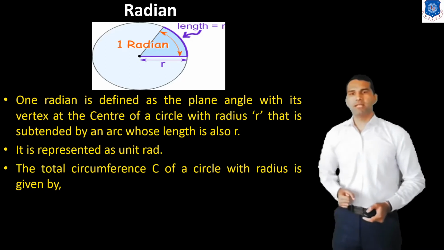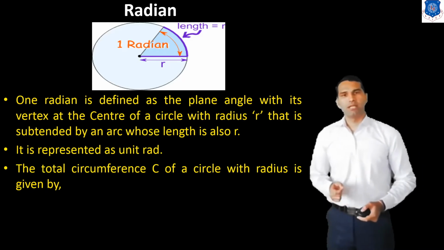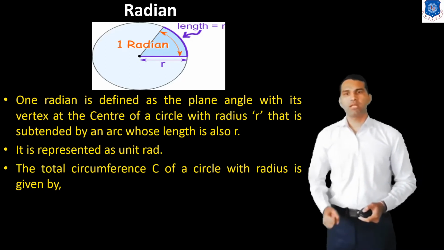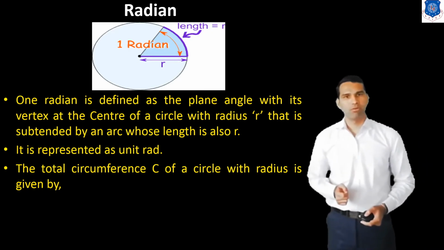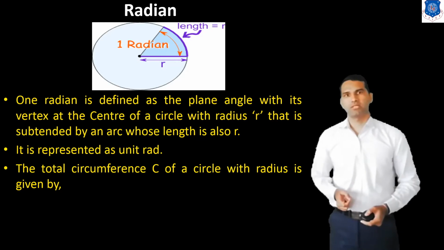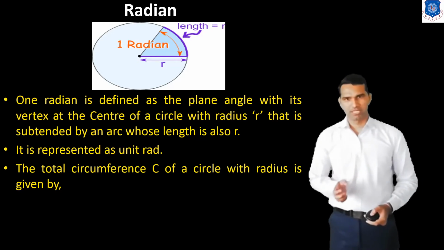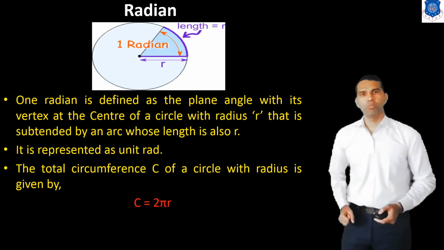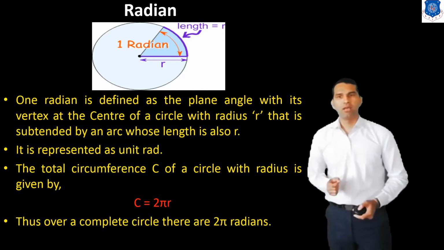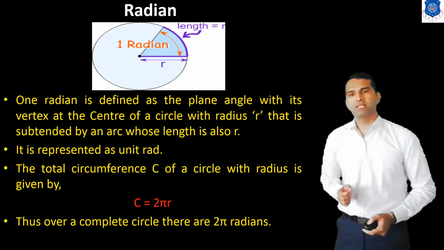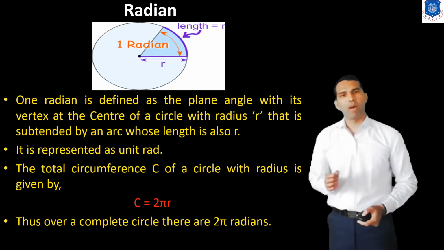It is represented by the unit radian. The total circumference C of the circle with radius r is C equals 2 pi r, and thus over a complete circle there are 2 pi radians.